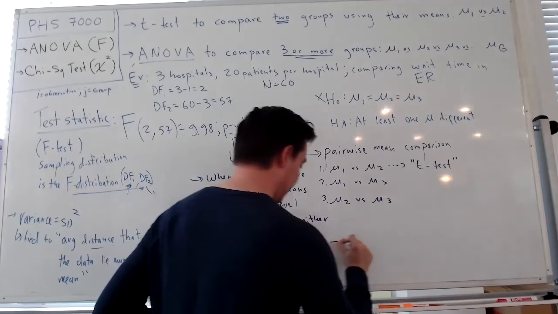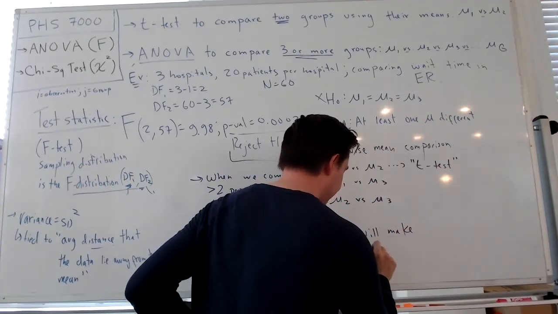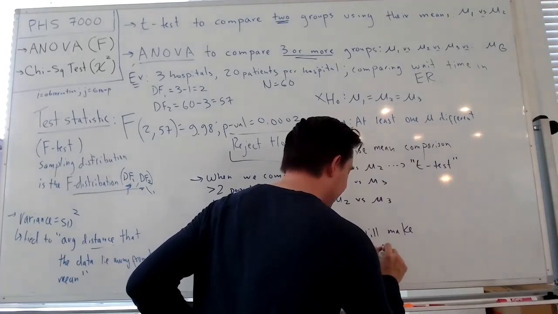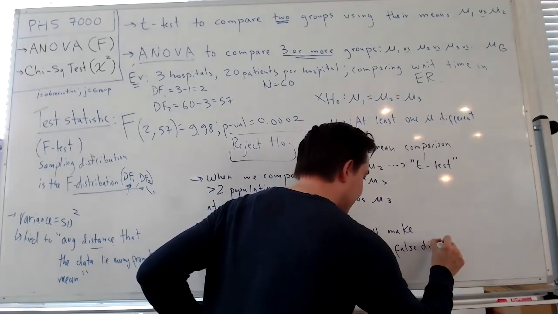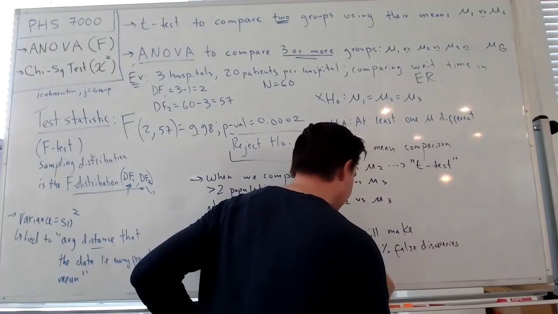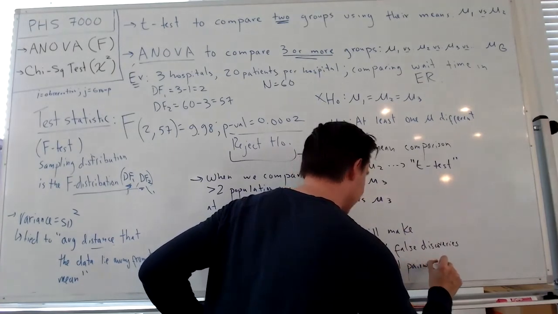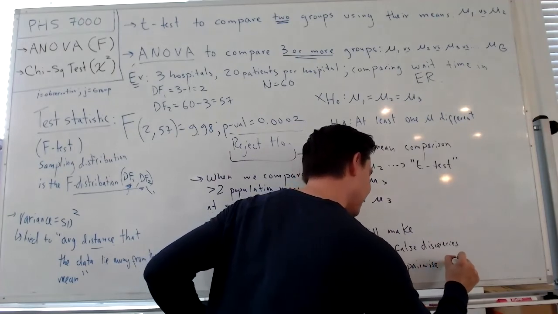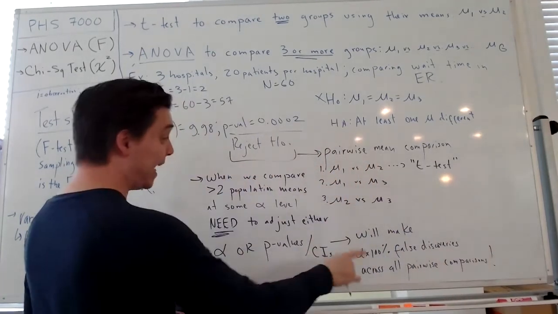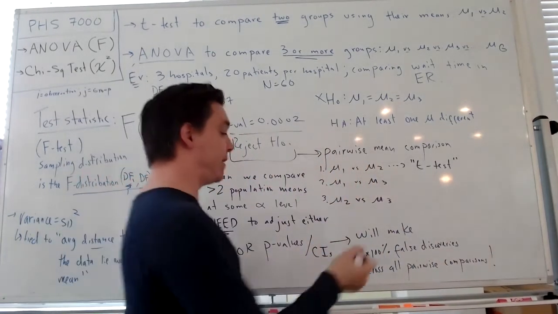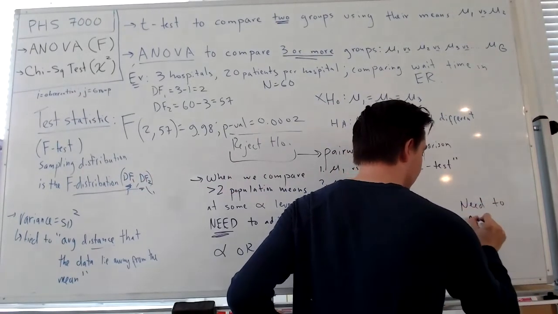What this means is we'll make alpha times 100% false discoveries across all pairwise comparisons. That's a bad thing. That's why we need to make the adjustment.